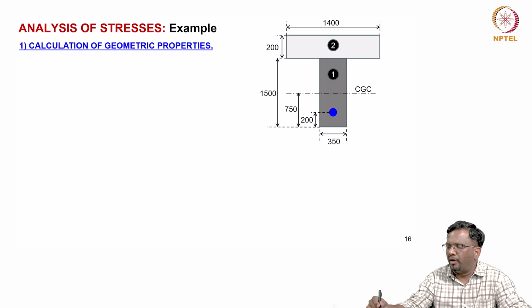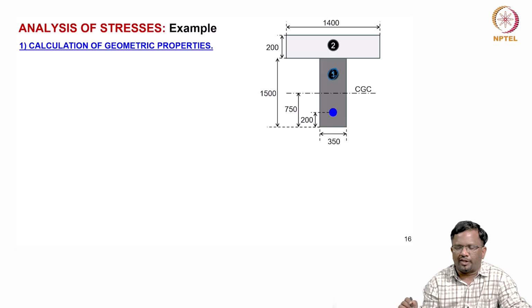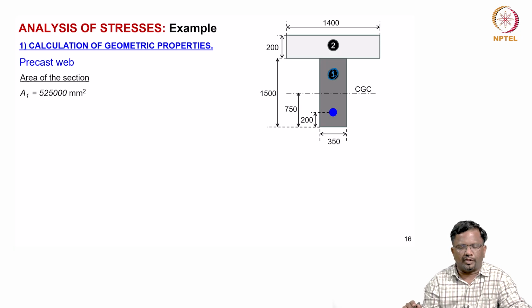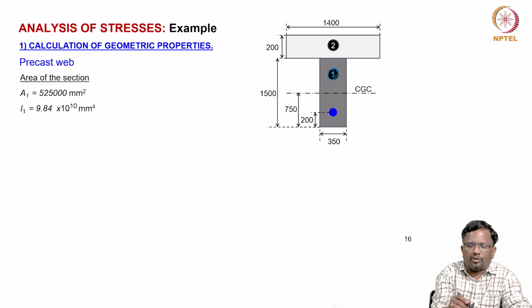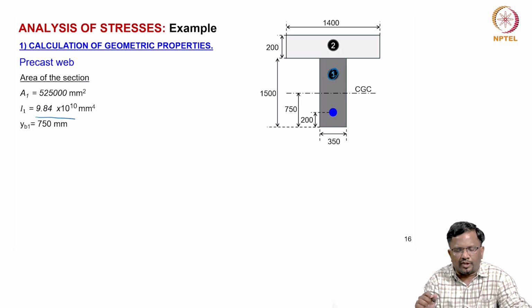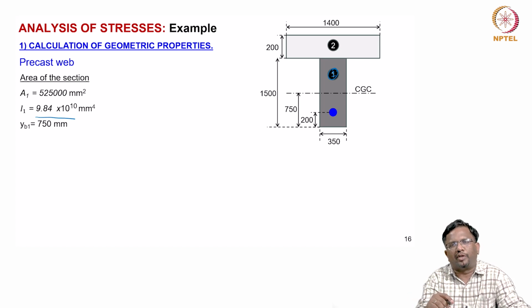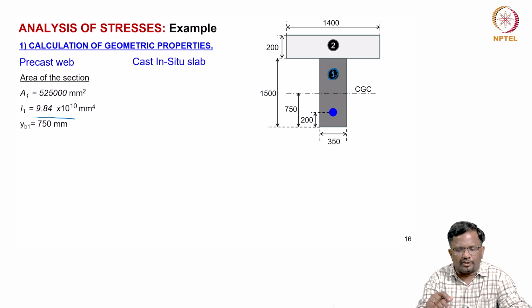If I take one as the precast section properties, the area is 350 by 1500, which is 525,000 millimeter square, and the moment of inertia, bh cube by 12, works out to be 9.84 into 10 to the power of 10. YB is the maximum distance of the fiber from the CGC, so that is basically 750 and 750.